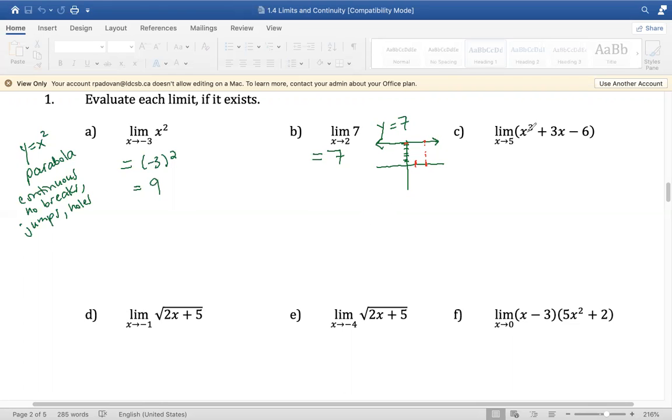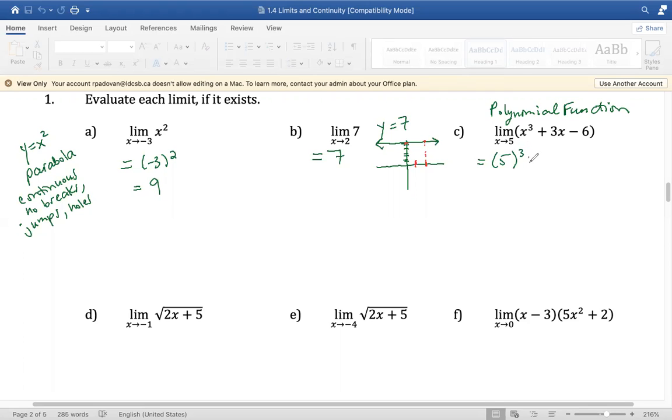So this expression here, x cubed plus 3x minus 6, is a polynomial function. So we know a polynomial function should be continuous, just to get an idea ahead of time. We should expect a limiting value that exists, but all we need to do is, when I see x, I sub in the value of 5. Put it in brackets.